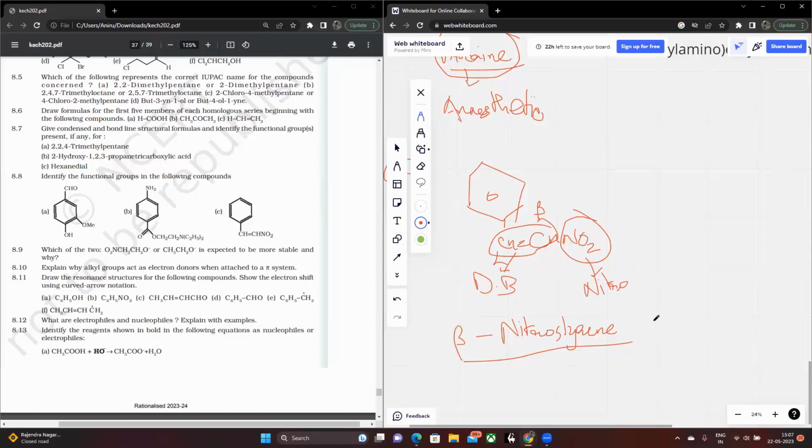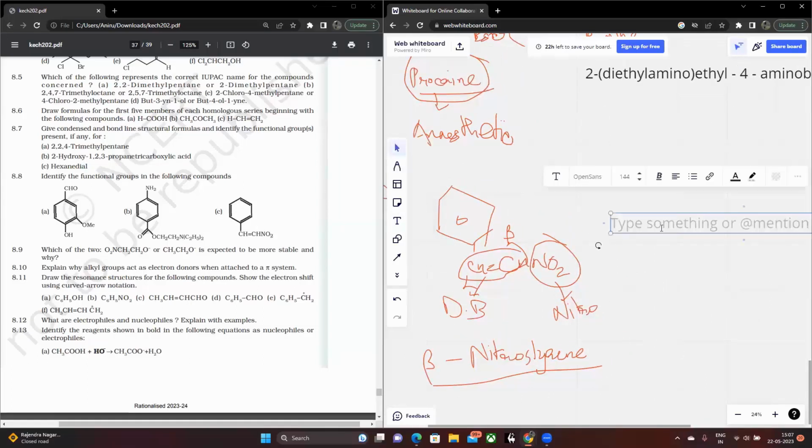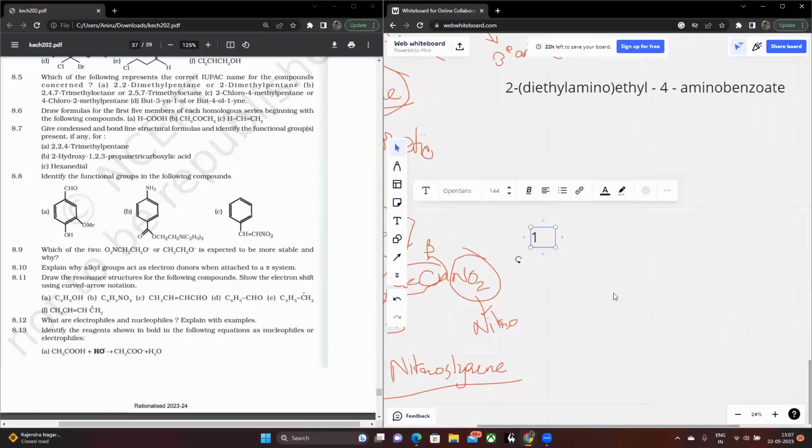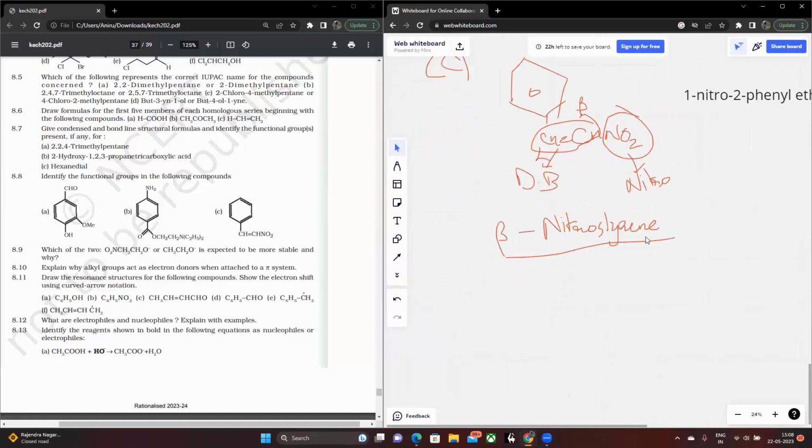And it has the IUPAC name 1-nitro 2-phenyl, with 2 substituents, so it's in alphabetical order. So it's 1-nitro 2-phenyl ethene, right? Or it can be called beta nitrostyrene, right?